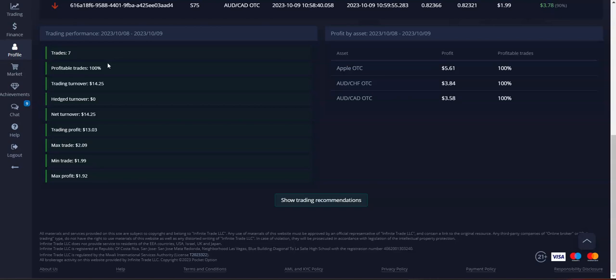So yeah, I took some time off just to practice on demo mode, new strategies, and see what works and what doesn't work. And this strategy seems to be working. So all you got to do is be patient and make sure you analyze the chart properly. Make sure you have all the indicators saying that, yes, go ahead and make your move.